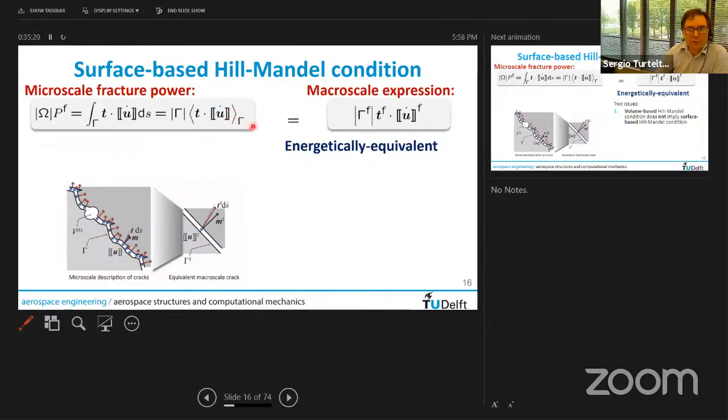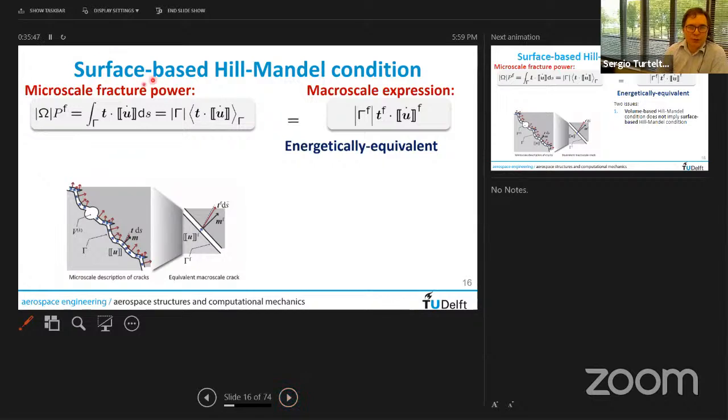The symbol here indicates this is a surface-based integral. And somehow this has to be equivalent to a macroscopic crack. The macroscopic crack only has one effective traction, one effective crack opening rate, one effective orientation M, and also one effective length. These have to be energetically equivalent, so these two quantities have to match.